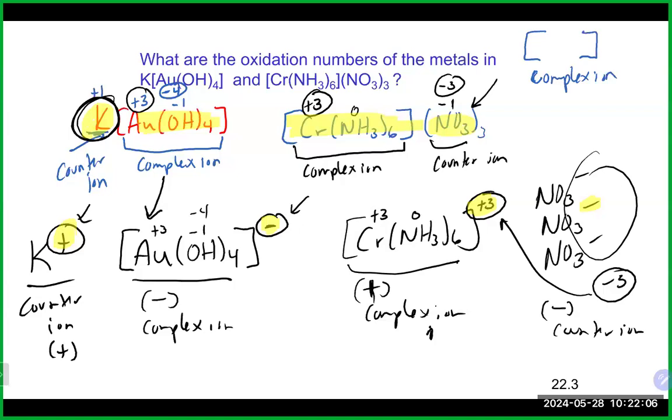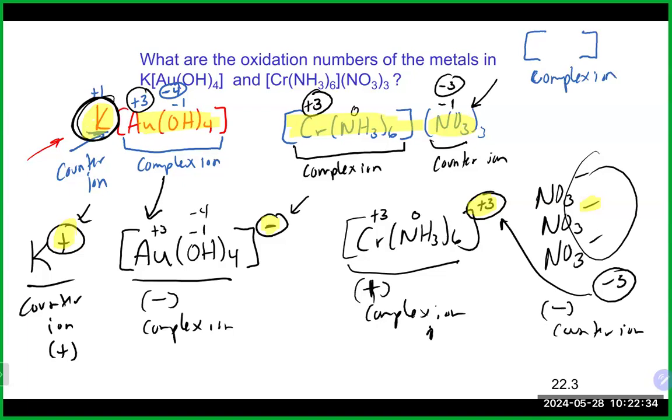Actually, we'll do this first one together just to see how it goes. Starting here, we're going to start with our counter ion. The good thing about the counter ions is they're pretty much just named like normal. So you just use the name of it. If it is a metal that comes first, you just use the name of the metal. If it's a polyatomic ion, you would just use the name of the polyatomic ion.